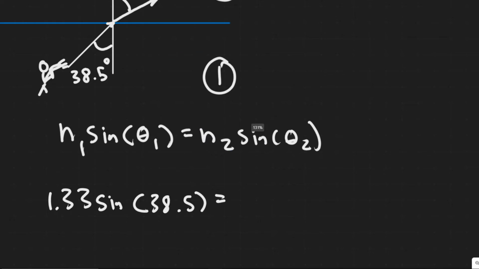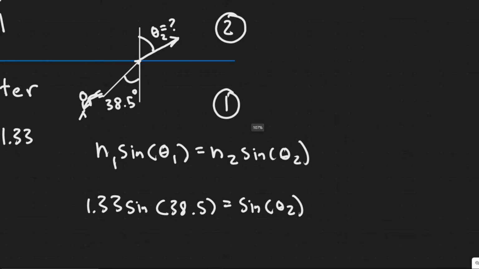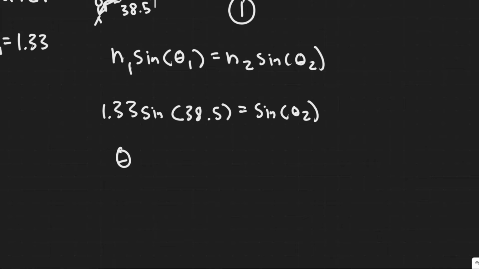For air, the value is just 1. So you really have the sine of theta 2. To get rid of the sine on this side, you take the arc sine of both sides. So theta 2 equals the arc sine of 1.33 sine of 38.5.